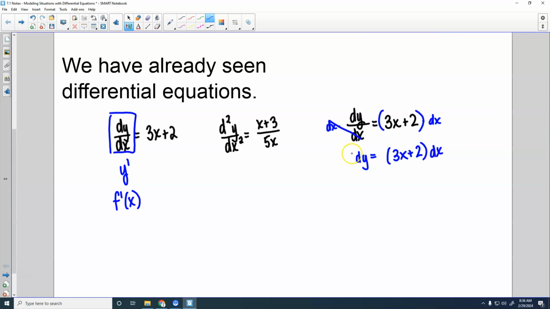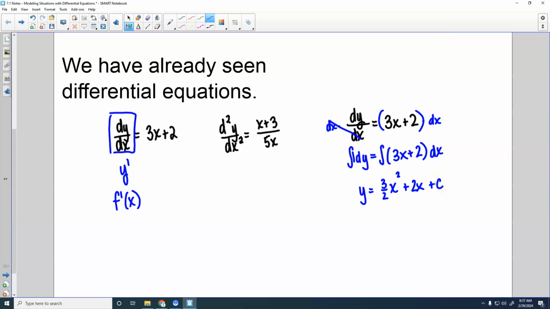And then we would integrate both sides. That dy doesn't have anything with it, so it's got a 1 there. If we integrate 1 with respect to y, not with x, we just get y, because we've got a y to the 0 power. We increase its exponent by 1 and divide by the 1, so we just get a y. And over here, we would get 3x squared divided by 2, plus 2x, and we put a plus c over here.